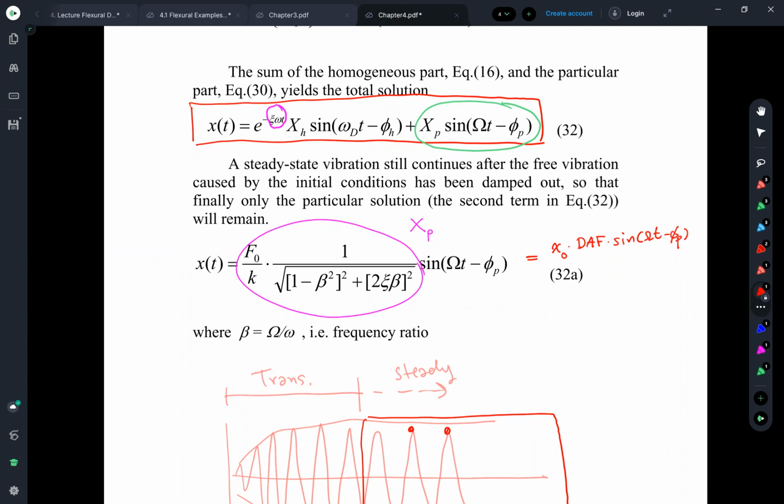Something like this. What is X0? X0 is F0 over K, the equivalent static displacement, right?